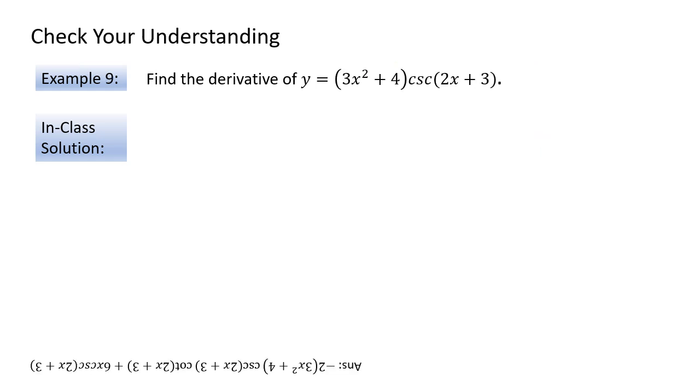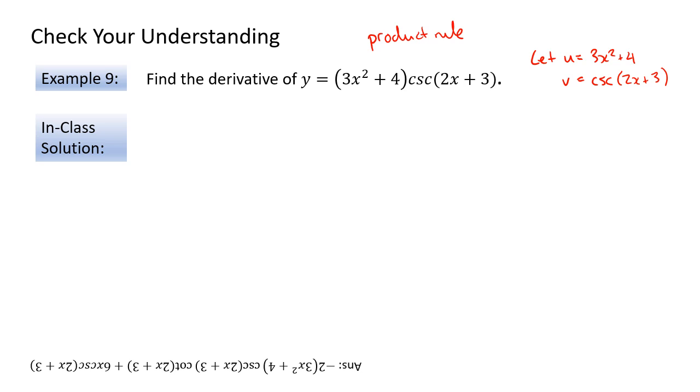So our last example, find the derivative of y equals 3x squared plus 4 times the cosecant of 2x plus 3. So the first thing you notice is two functions multiplied together. Okay, so that means you'll have to use the product rule. So if we let u equal 3x squared plus 4 and v equal cosecant of 2x plus 3.